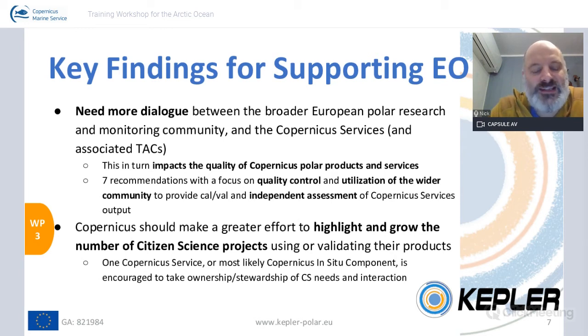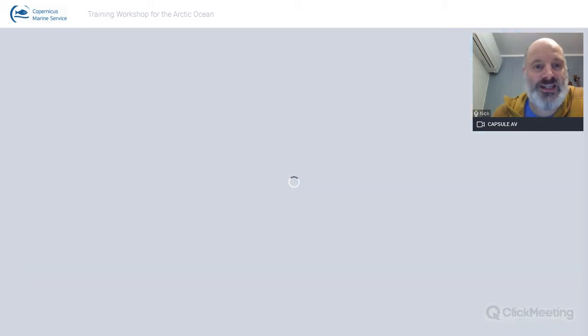And for that, we need to see something like the Copernicus in situ component, which is a separate body within the Copernicus framework, well, it's not really classed as a service, having more of a role to steer that and take ownership of interacting with the community.